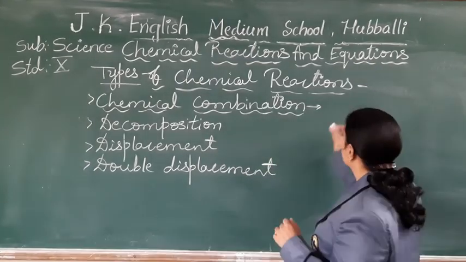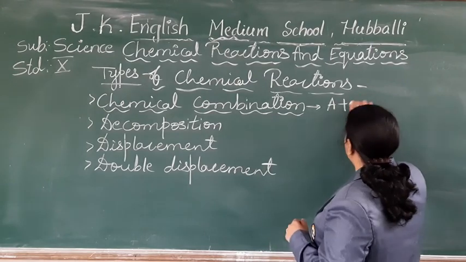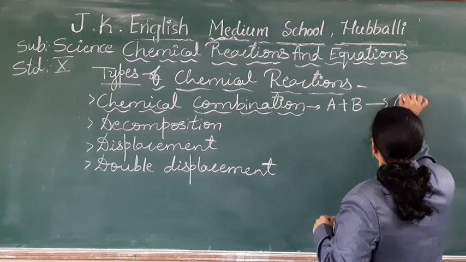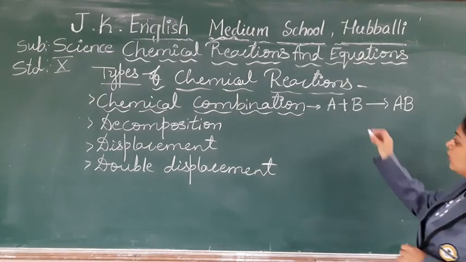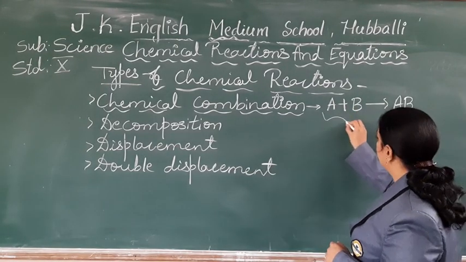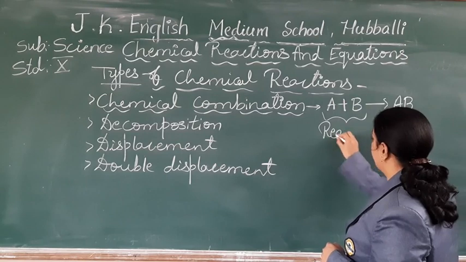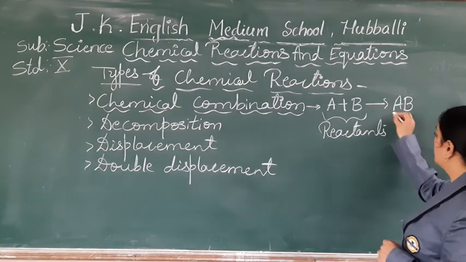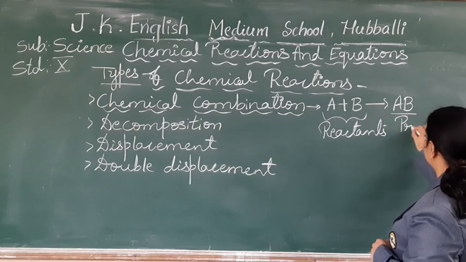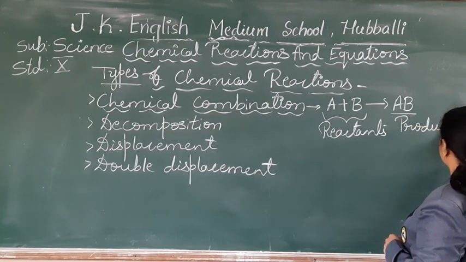Right? See, A plus B gives AB. This is one general statement, students. What is this A plus B? These are reactants. And what about this AB? This is the product.